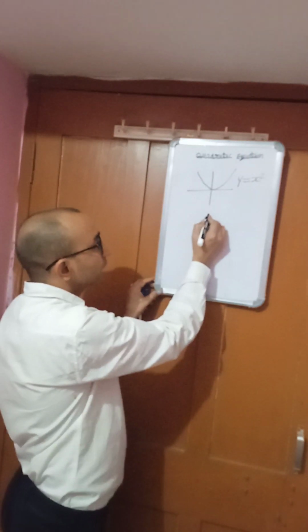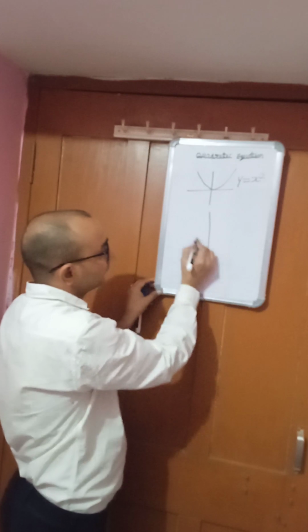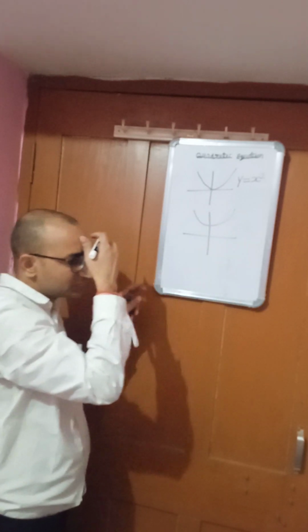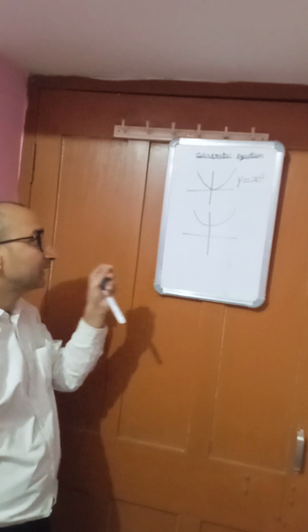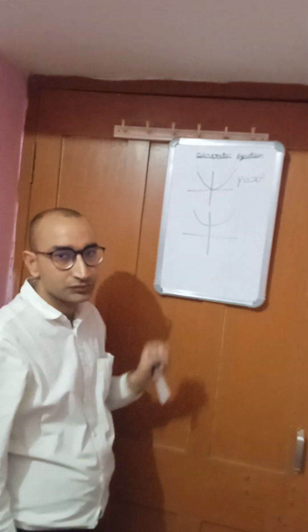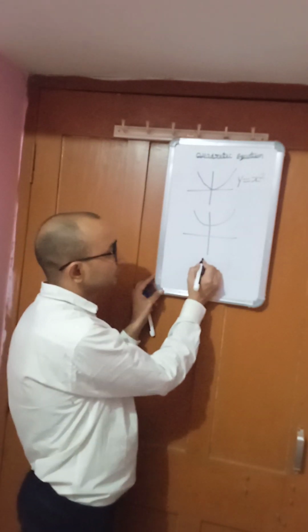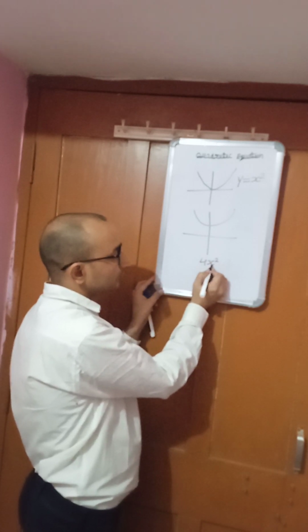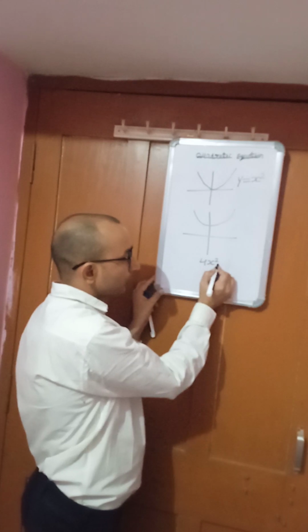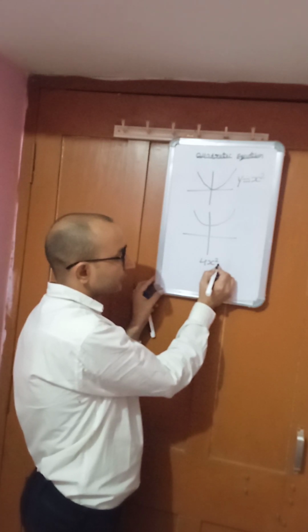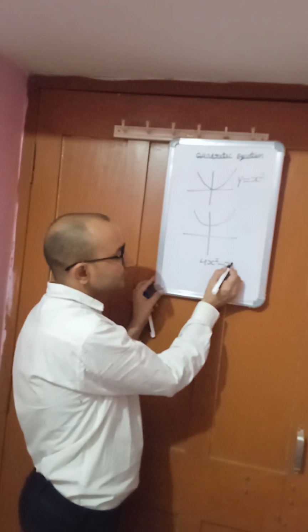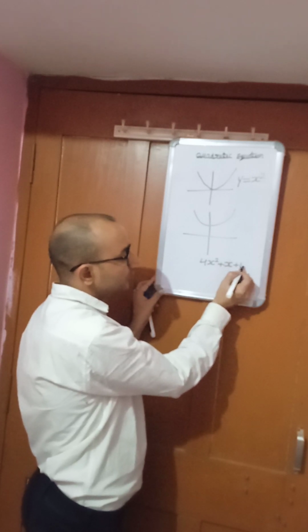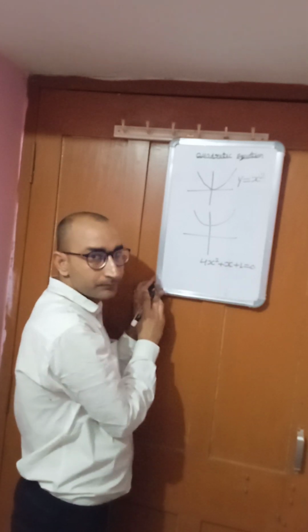And one more case is there, that if such types of parabola is drawn, then it has imaginary solutions, like 4x square minus x plus 1 equals to 0.